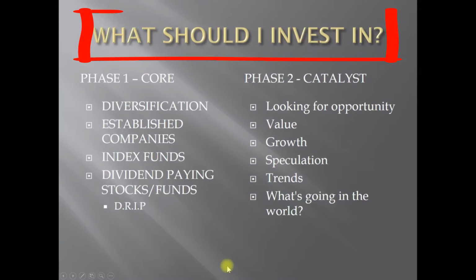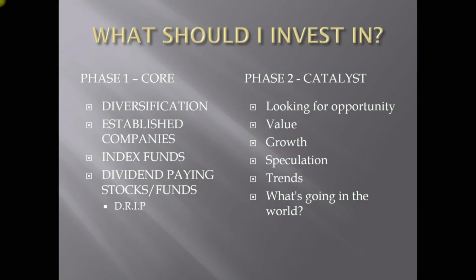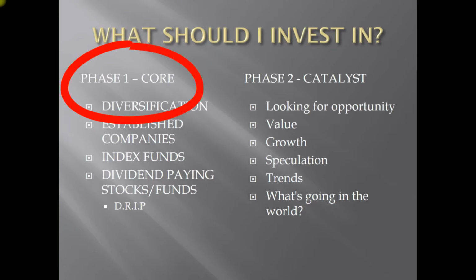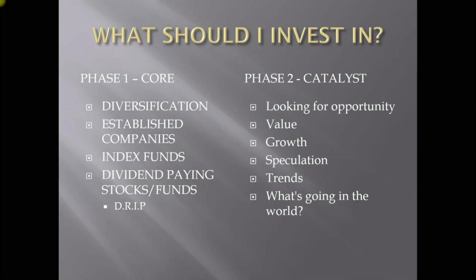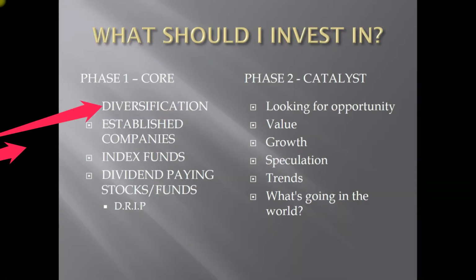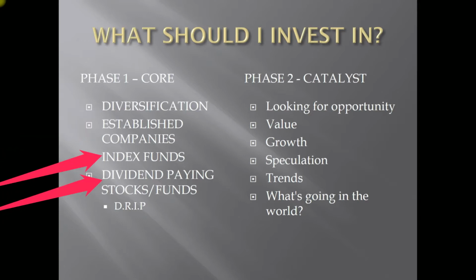What should I invest in? Well, first off, I think that you want to have two phases to your investment idea. The first one is a core portfolio of diversification: established companies, an index fund, dividend-paying stocks.